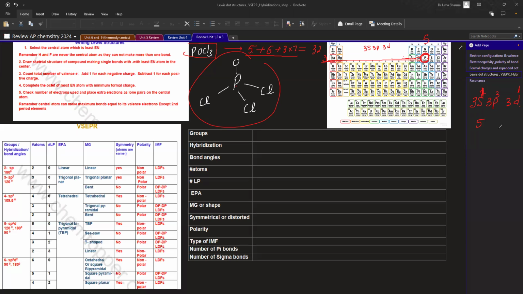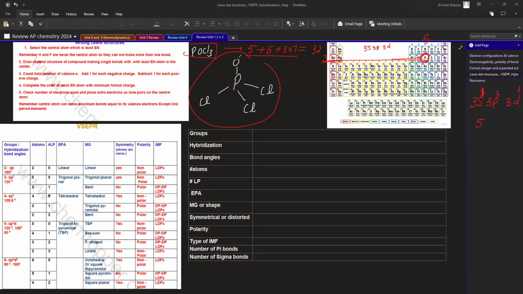Because when it makes 5 bonds, oxygen and chlorine all have 8 and all have formal charge 0. If you don't make that, you will not get the right answer. Isabella, you're understanding this? Okay, it will be more clear as we keep making it.